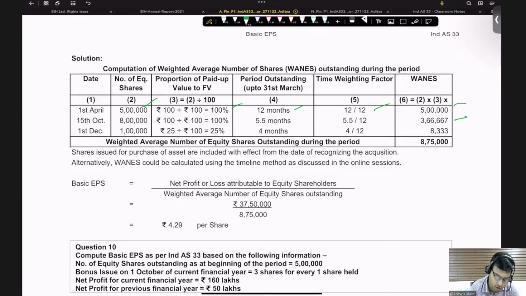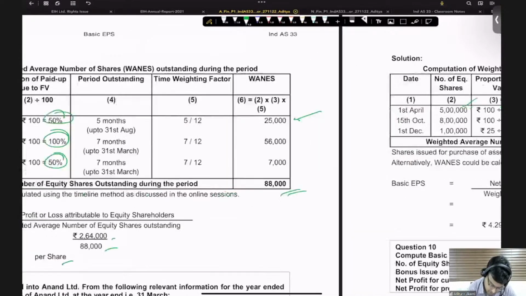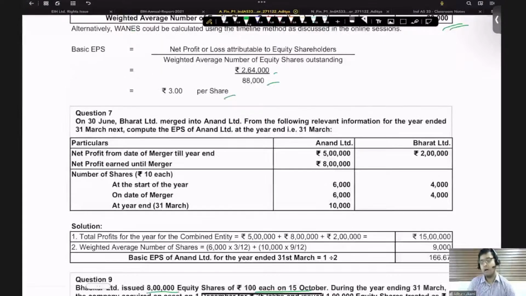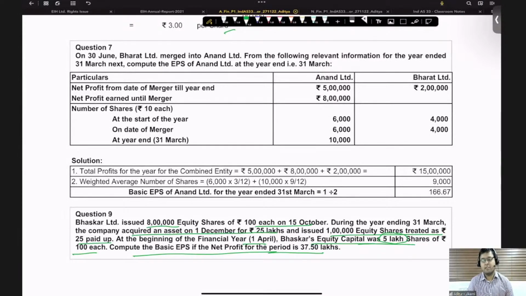And finally on 1st December, they got a machinery. When they got the machinery, they issued equity shares as partly paid. That means it's not fully paid as on that date. How much did they pay? 25 rupees per share out of 100 rupees per share.